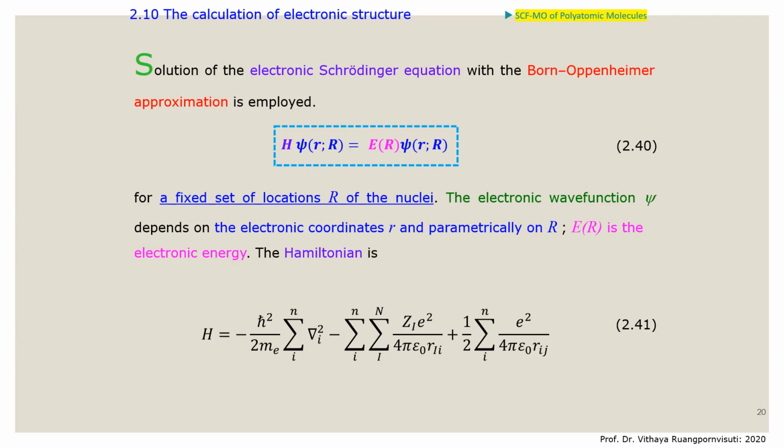The Hamiltonian is shown in equation 2.41. The first term of the Hamiltonian is the kinetic energy of the electron in the molecule. The next term is the interaction between electron and nucleus. The last term is the electron-electron interaction.